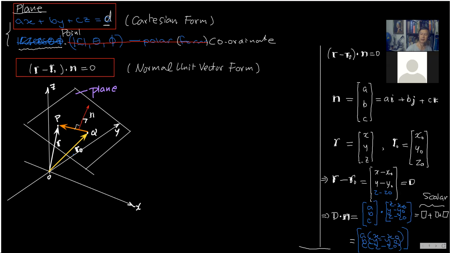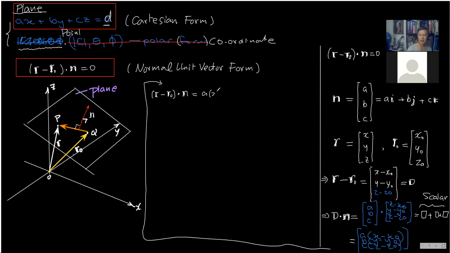So therefore, (r minus r null) dot product the directional unit vector will be simply written as a(x minus x null) plus b(y minus y null) plus c(z minus z null). You agree? So this is just the coordinates of these two points, P and Q, right?